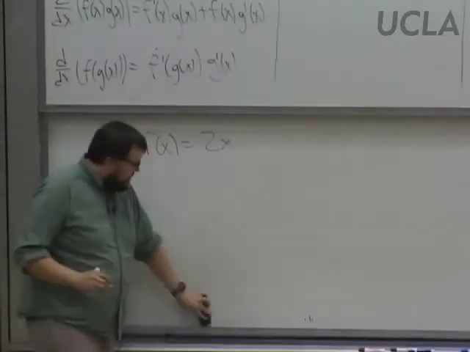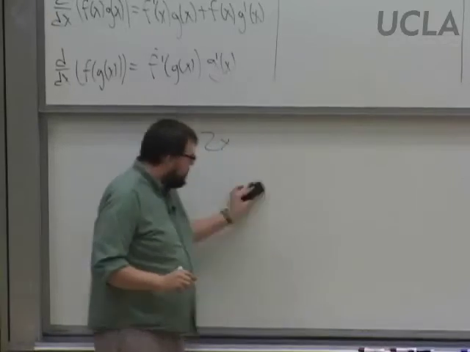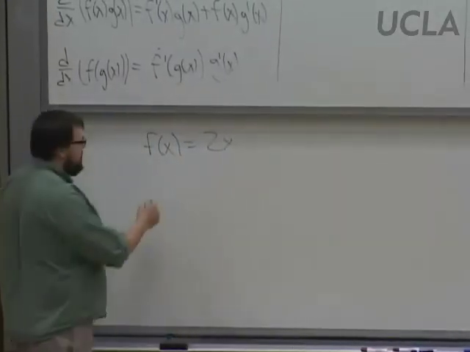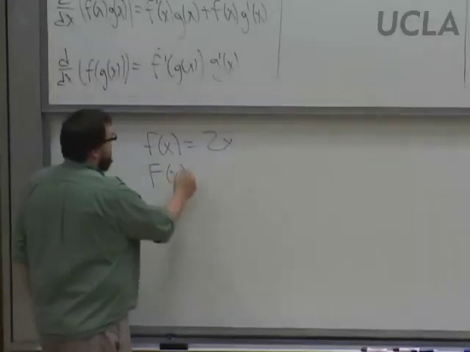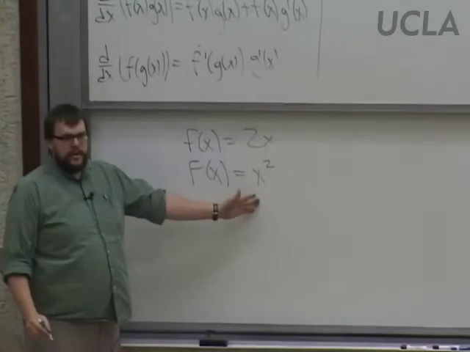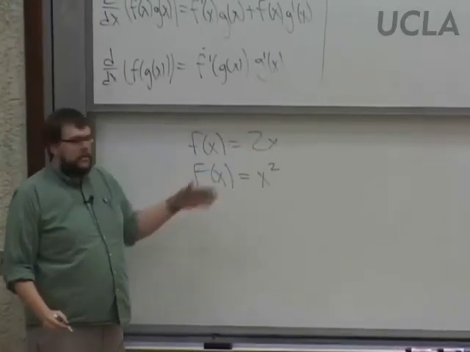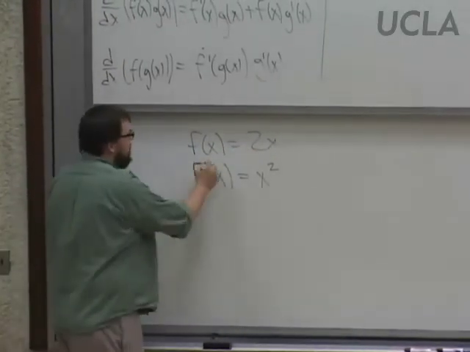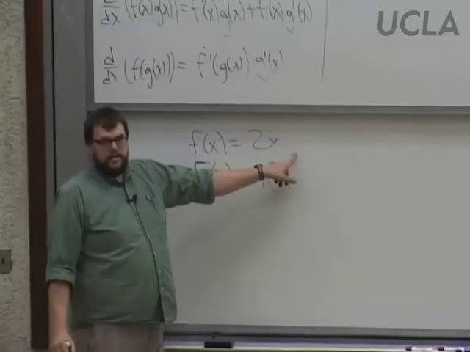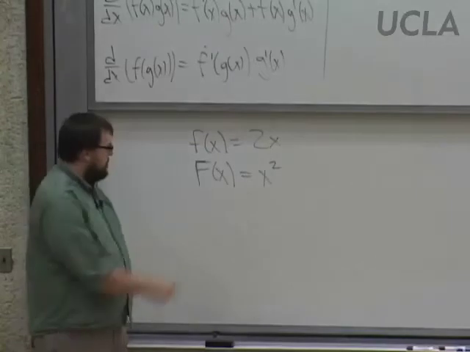We've seen a function before where the derivative of the function is 2x. Does anybody remember what that function is? Yes, capital F of x could be, for instance, x squared, because if I take the derivative of x squared, I get 2x. So in this case, we'd say x squared is the antiderivative of 2x. Are there any other functions that we've seen that have a derivative of 2x?